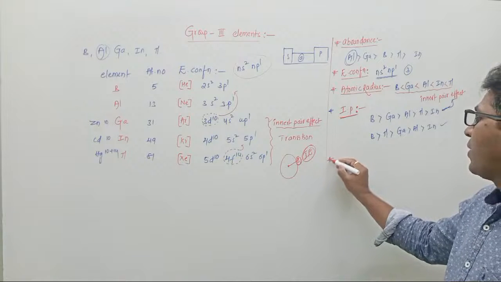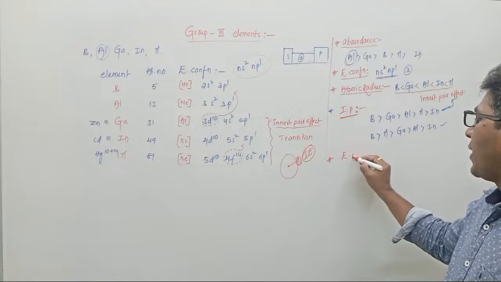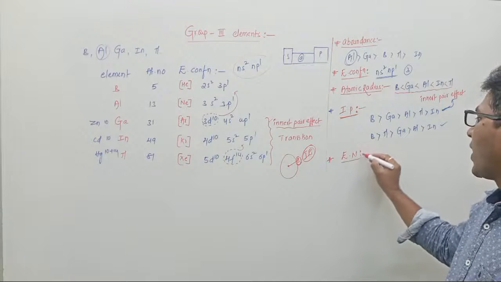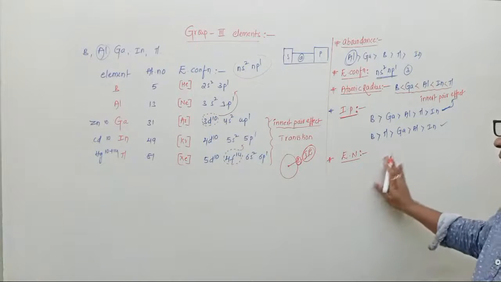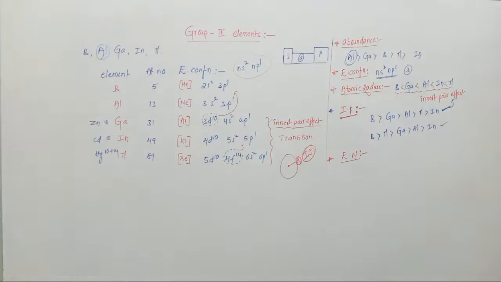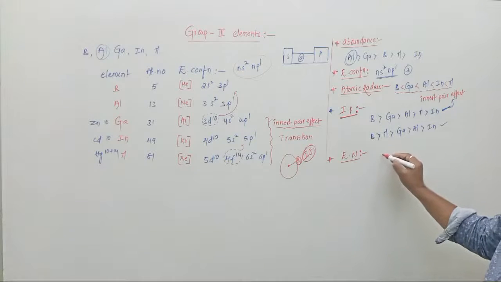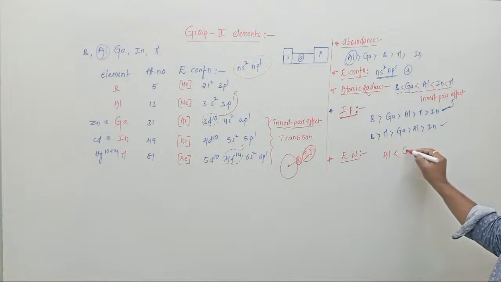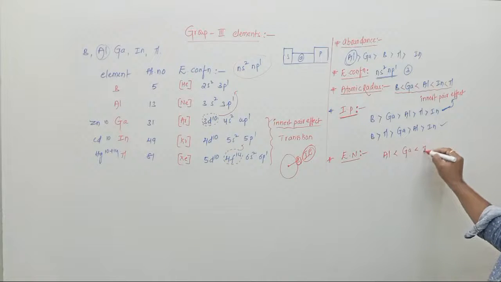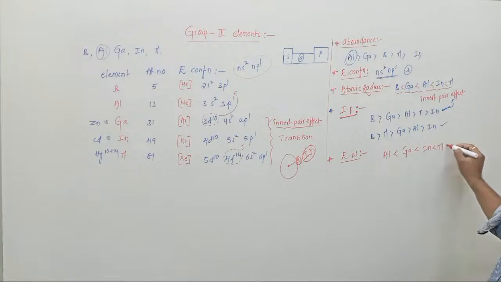Next, go to electronegativity. Generally, from top to bottom, electronegativity decreases, but here it increases a little bit. So boron, aluminium, gallium, indium, and thallium.